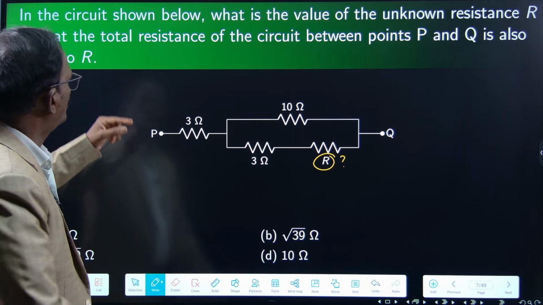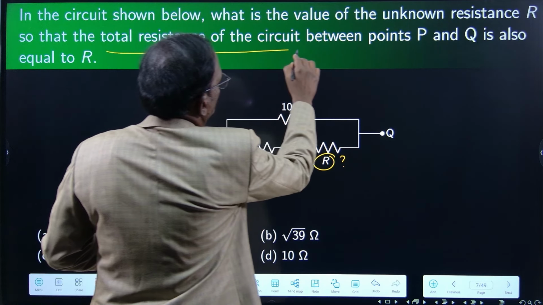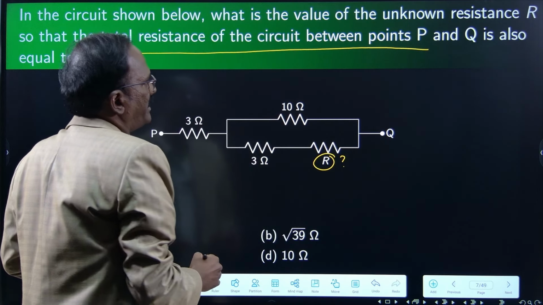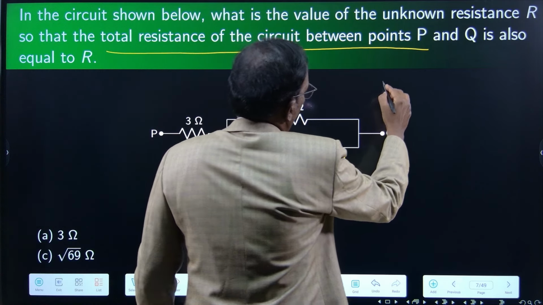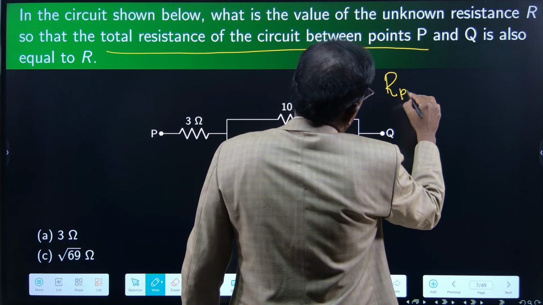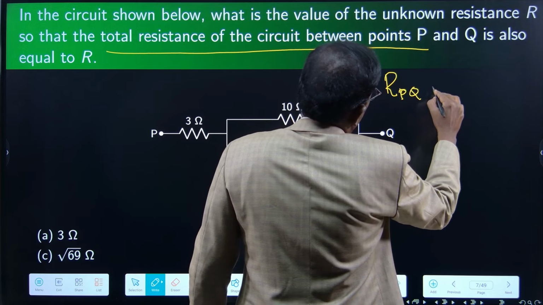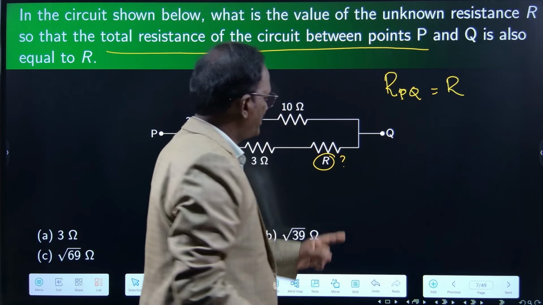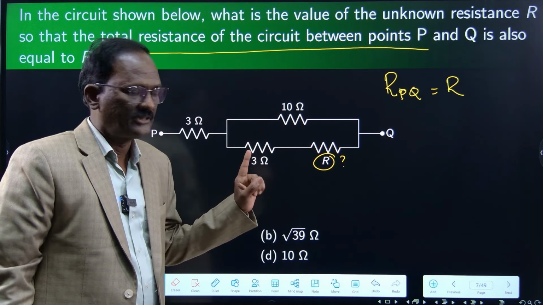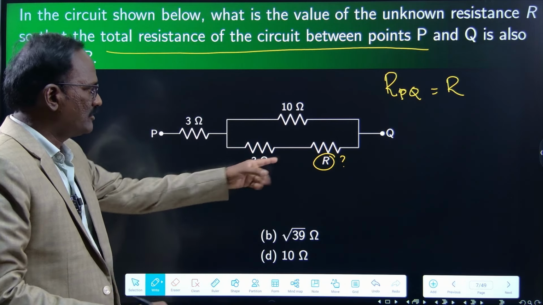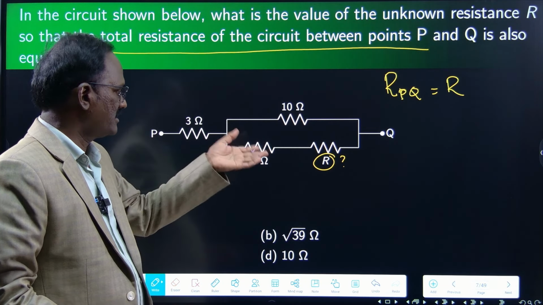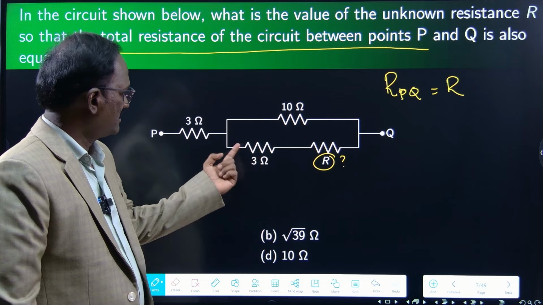So that the total resistance of the circuit between points P and Q is also equal to R. That is, R PQ must also be the value of this R. This is the unknown resistance. The answer should be also equal to the unknown resistance value. How to find it? Right.